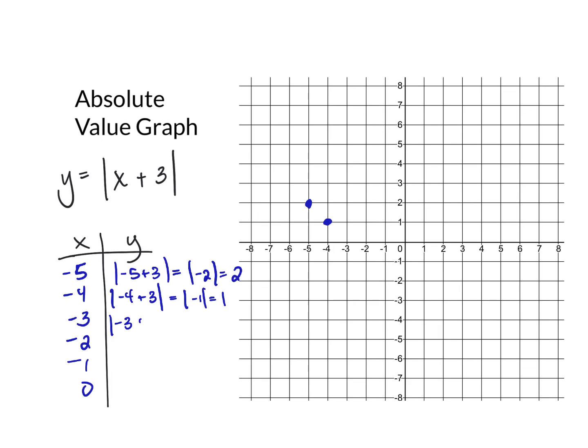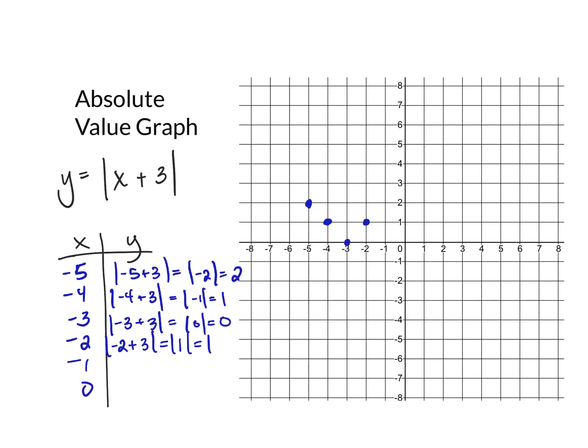-3 we know is going to give us 0. Whoops. -3 plus 3 is the absolute value of 0, which is just 0. -2 plus 3 is going to give me +1, which has an absolute value of 1. So -2, 1 is that point.